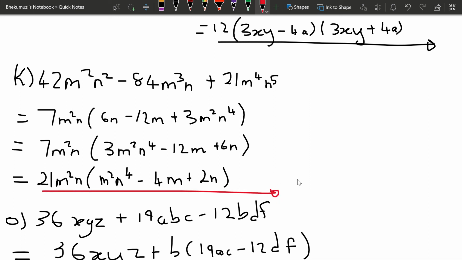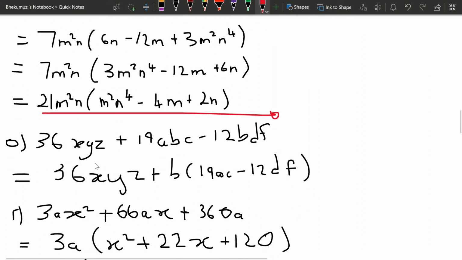Okay. And then we have here a very interesting one where it says 36xyz plus 19abc minus 12bdf, right? Now with this one here, what you should notice is that 36, 19, and 12 do not have a common factor, right? And when you look at xyz, there is nothing common to abc, right?